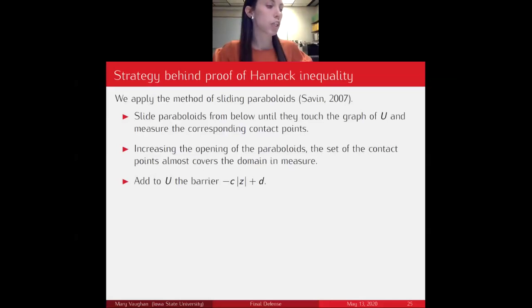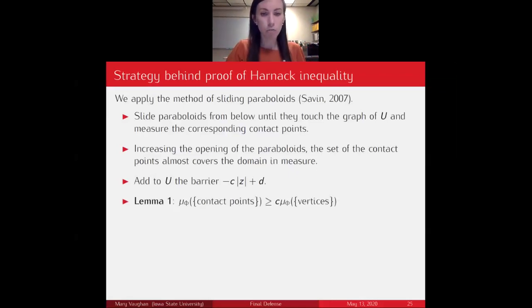In fact, you touch at a positive distance away. So all of our contact points have to happen away from z equals 0, not on the boundary. Then the first thing we show, our first lemma, is that the measure of the contact points is a universal proportion of the measure of the vertices. So this is comparable to the usual ABP estimate.